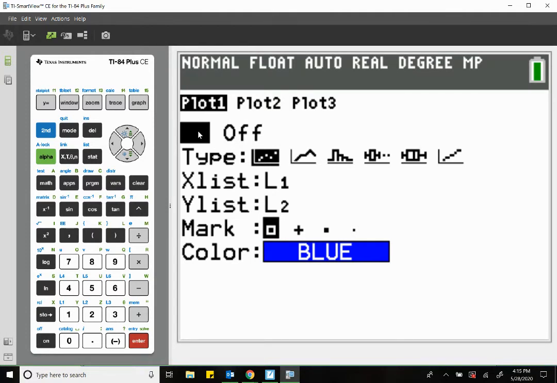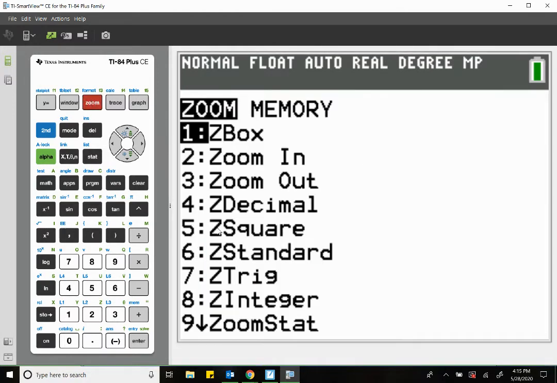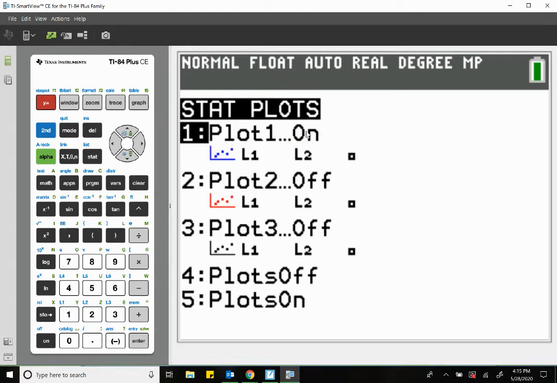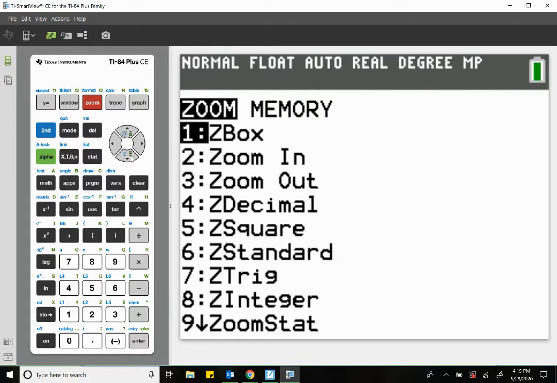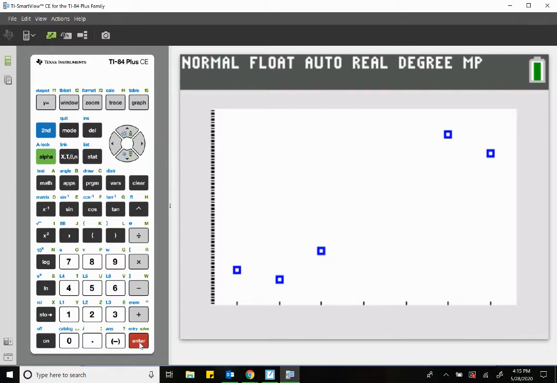Now it's on, and then you're going to push zoom, and go down to number 9, zoom stat, and that will make it so that you can see the actual information that is in the list. See now it says on, hit zoom, scroll down to number 9, which is zoom stat, and hit enter, and there it is.